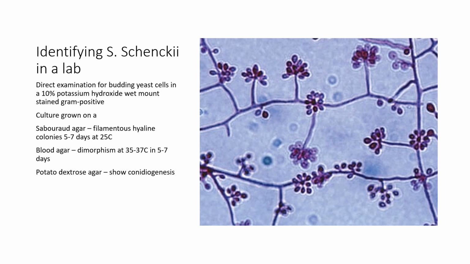The blood agar will show off the dimorphism of the fungal infection at 35 to 37 degrees in 5 to 7 days. And potato dextrose agar will show the conidiogenesis of the schenckii strain. Combined, you can use these 3 or 4 results to identify which of the 4 strains you're dealing with.